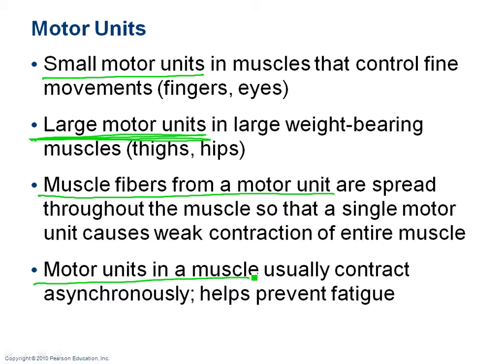The brain coordinates all of this. It stimulates some motor units within the muscle to contract, and then they relax, and other motor units take over, and then they relax, and other motor units take over. So you spread out the contractions, and that helps prevent fatigue of the muscle.